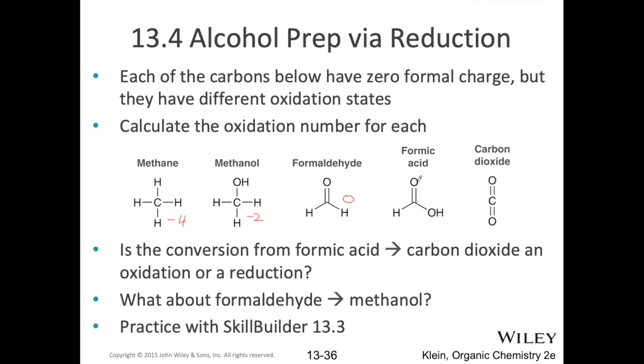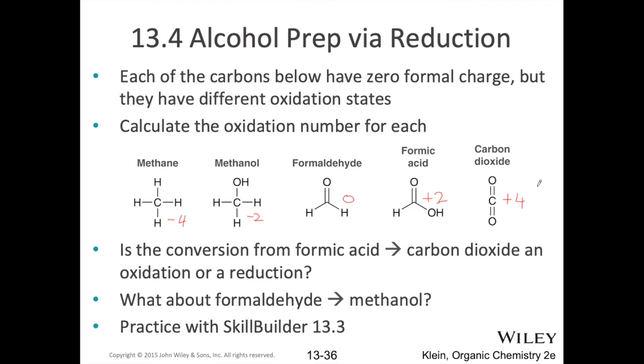Okay, here when we have a carboxylic acid, there are 3 bonds to oxygen, and only 1 to a hydrogen. So the carbon here actually winds up having a positive oxidation state, a plus 2 oxidation number. And over here with 4 bonds to oxygens, carbon winds up being plus 4.